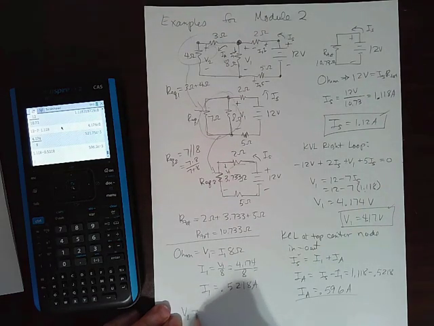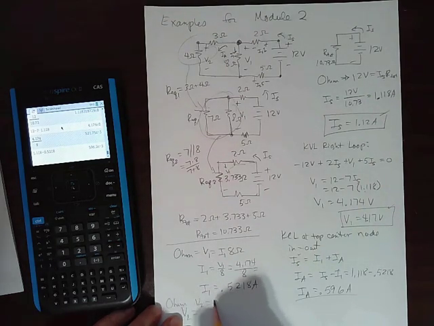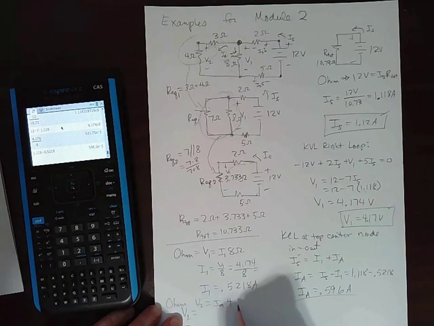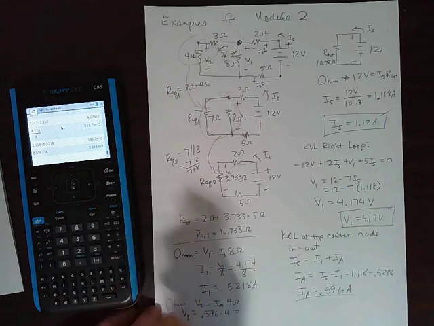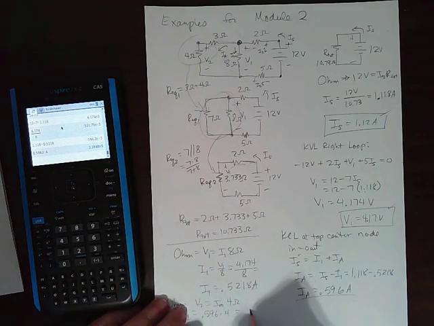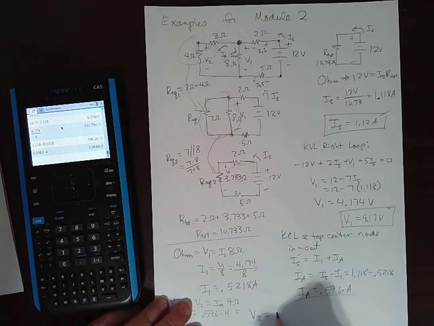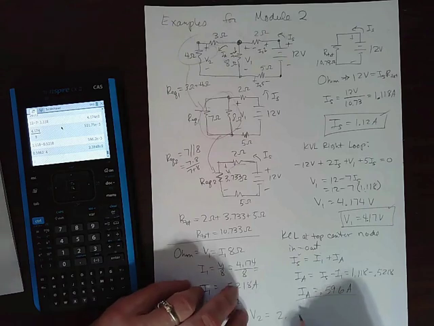So what's V2? Ohm says V2 equals IA times 4 ohms, right? So V2 is 0.596 times 4. So V2 equals 2.38 volts.